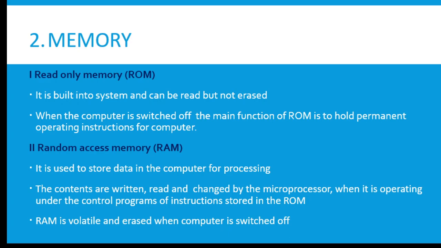Here in RAM, the contents are written, read, and changed by the microprocessor, and the microprocessor is operating under the control program of instructions stored in the ROM. The memory is volatile and erased when the computer is switched off. So we have to save the data which we are processing before switching off the computer. So we have two types of memory, that is ROM and RAM.